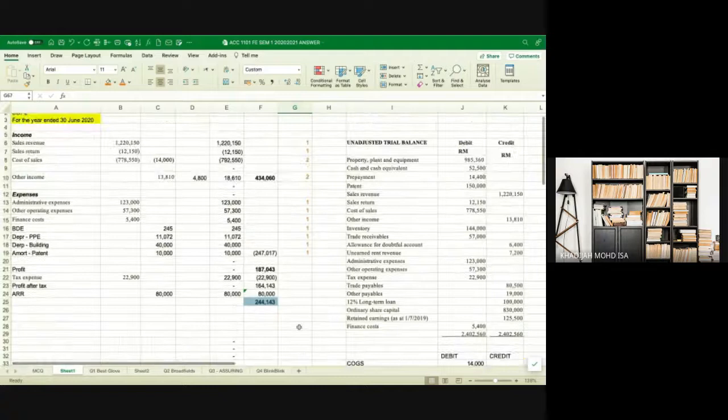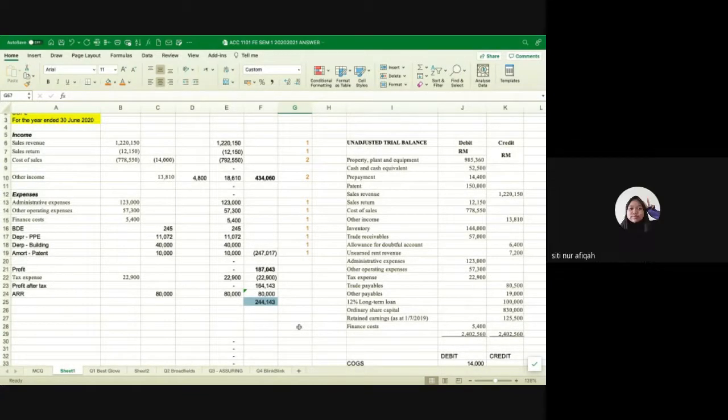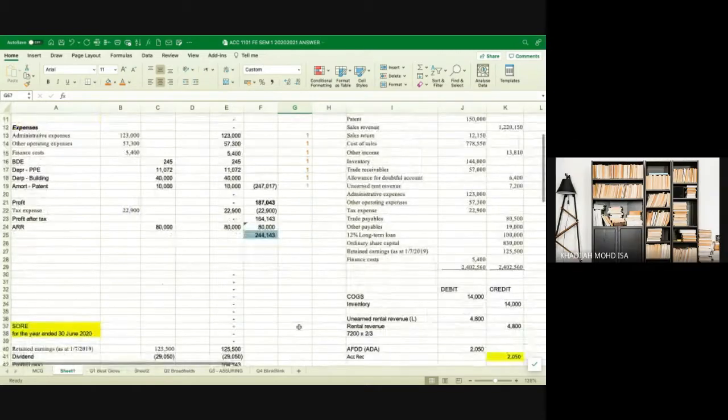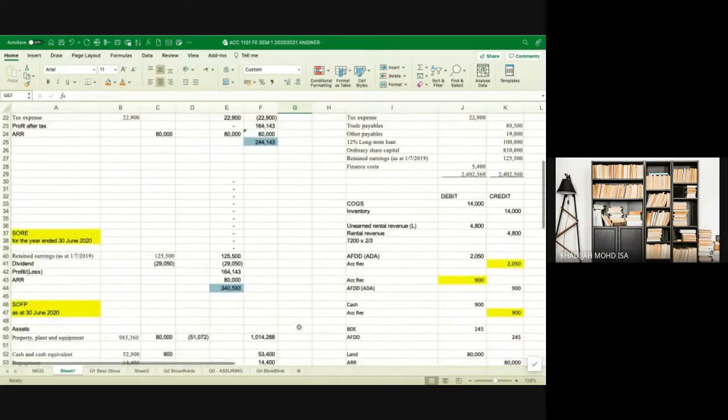Are you okay? Yes. So you have to do a lot of exercises on this. For example, if you have many past years' questions, make sure that you have done all the past years' questions. So if you have 4 sets, it means that you do the same thing 4 sets.